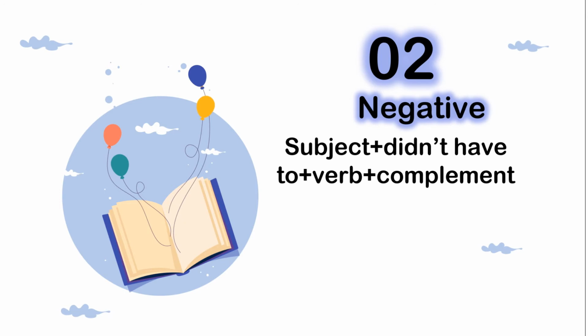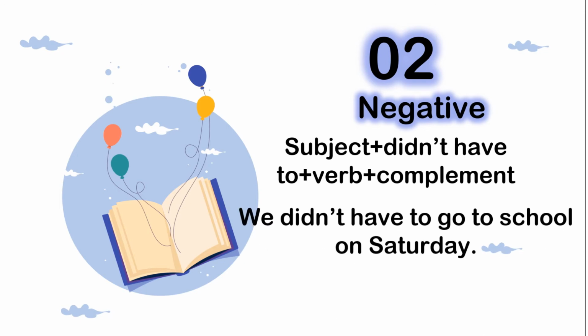Let's see some examples. We didn't have to go to school on Saturday. Remember that the negative form is for a no obligation in the past. So we didn't have to go.